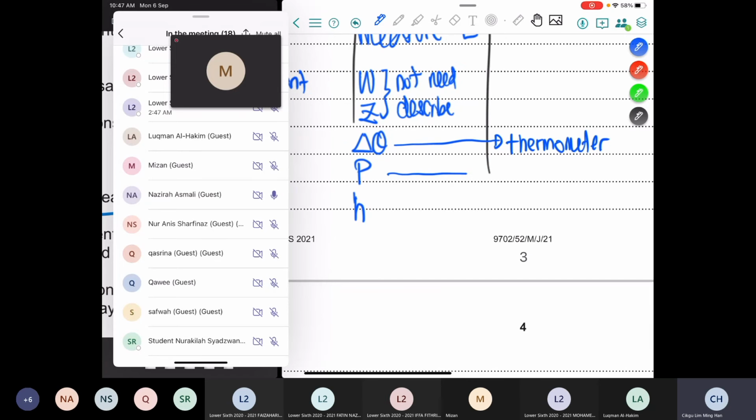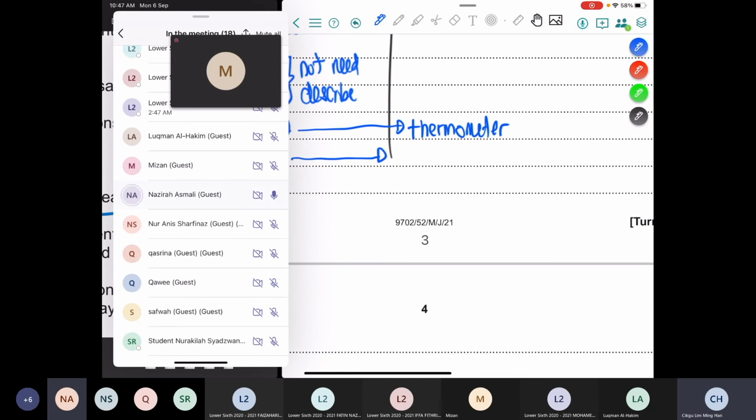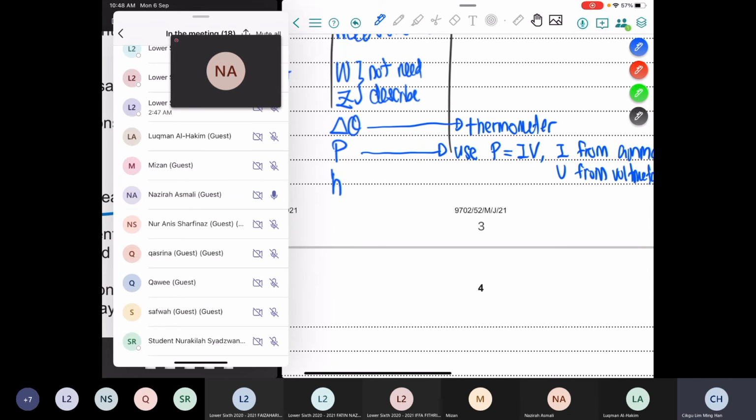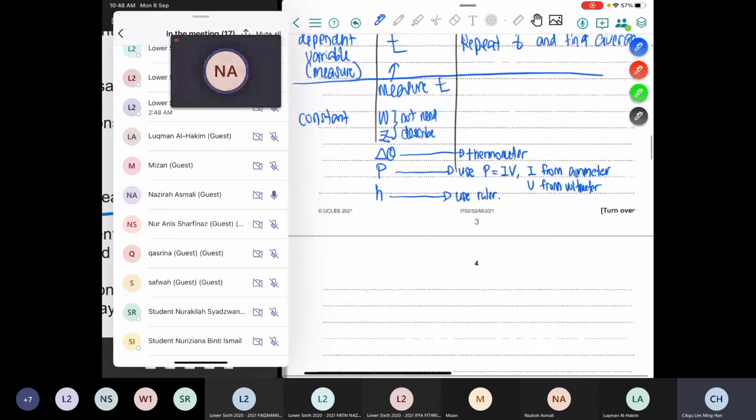Use the formula P is equal to IV, and I is from the ammeter and V from the voltmeter. Okay. Last one. How about H? Use a ruler. Thank you. So these are all the descriptions.